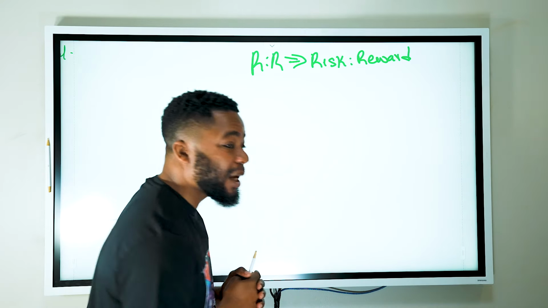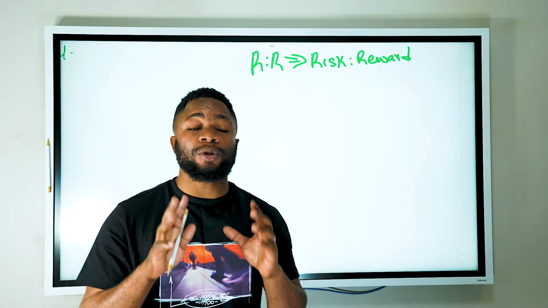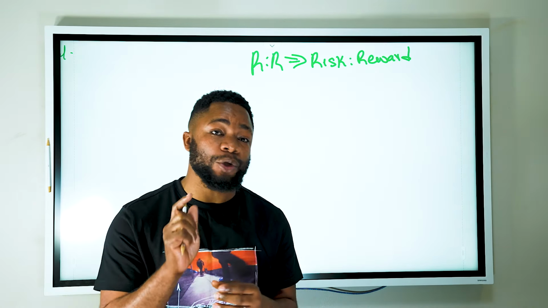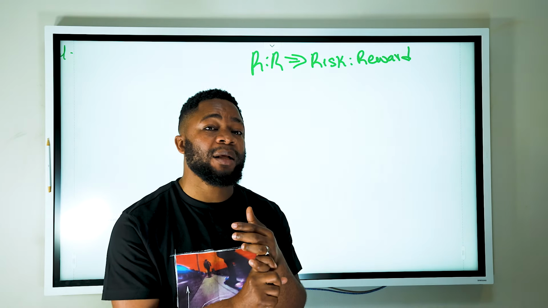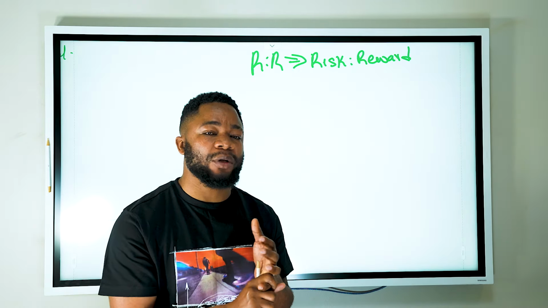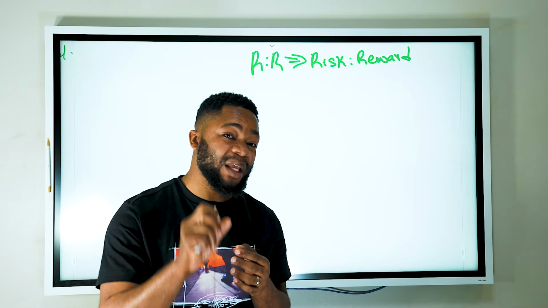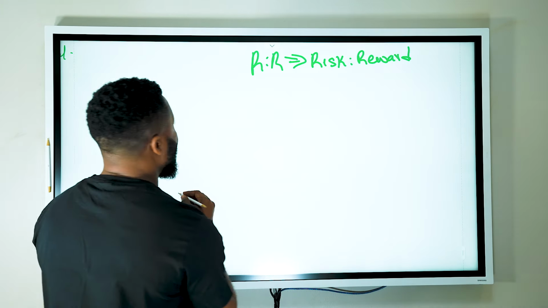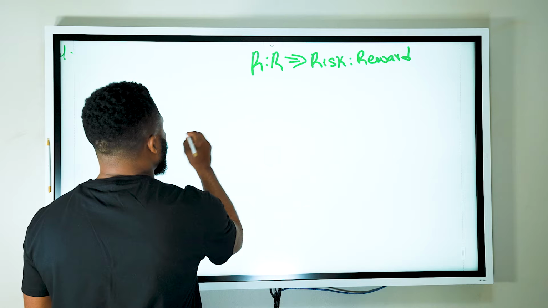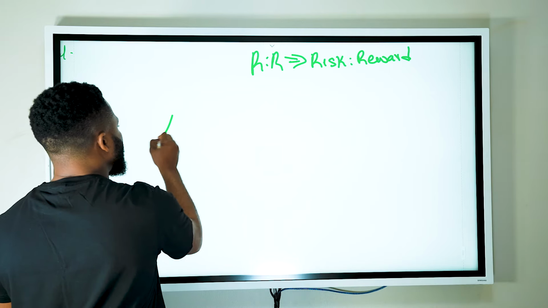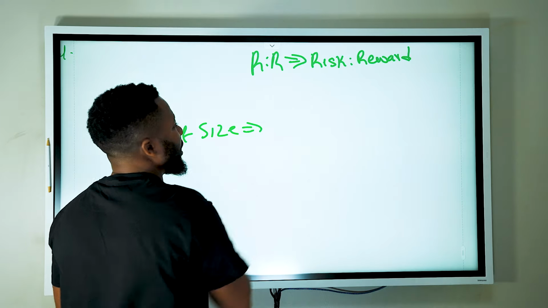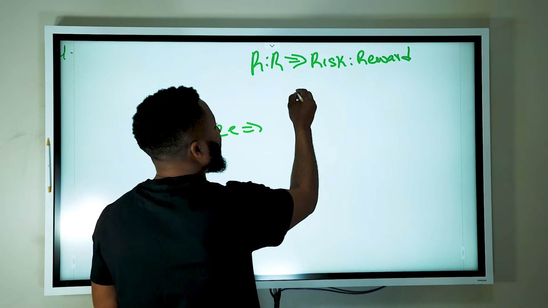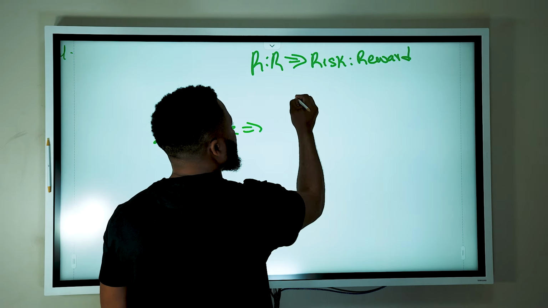So there's a formula we can use to calculate the lot size on any trade, on any asset, so that we only risk a particular percentage on that account, and so that we can get a particular risk to reward. And that formula goes, let's just say lot size, then the formula, you have percentage or the dollar.